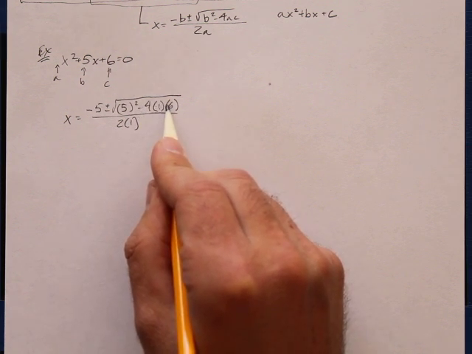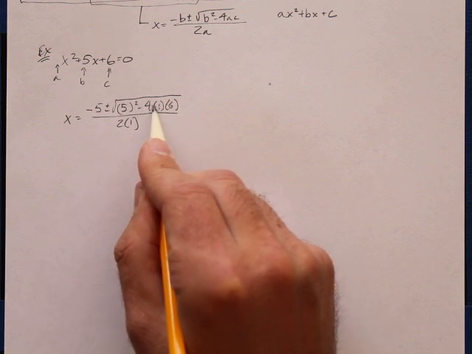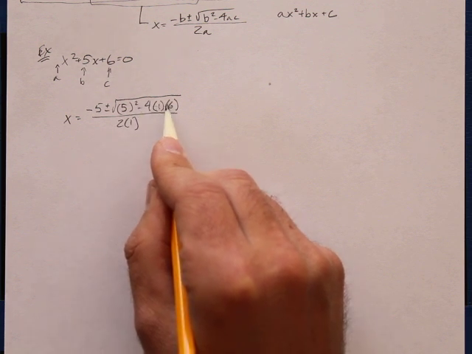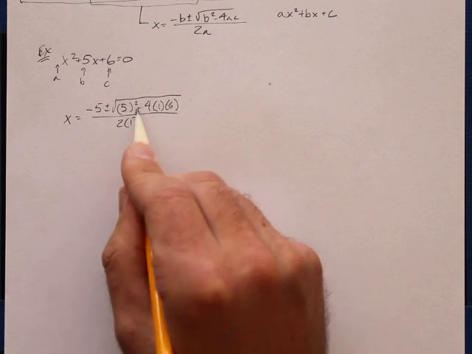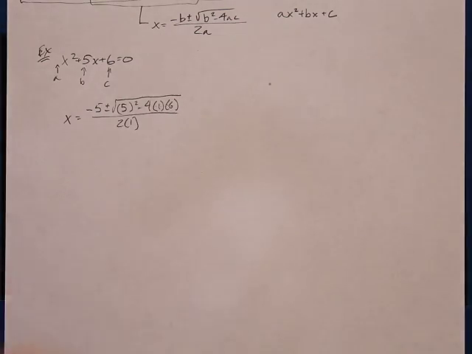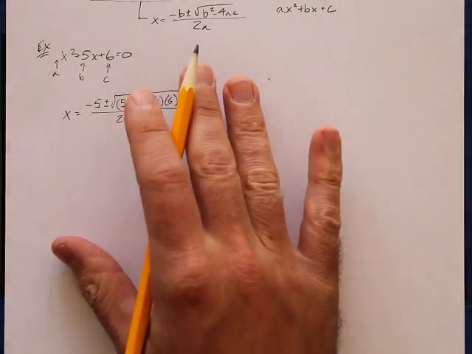Or if I have two negatives here, then that should end up being a negative. Negative times negative times negative is negative. So paying attention to those negatives and positives in this section, that's where I see the most mistakes probably in using the quadratic formula. All right, let's move on.